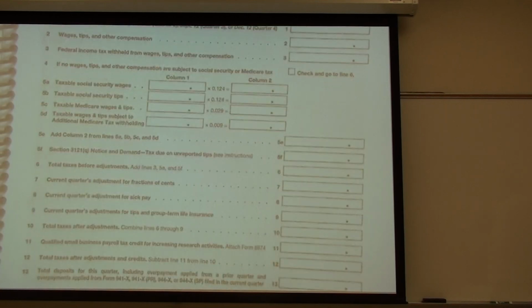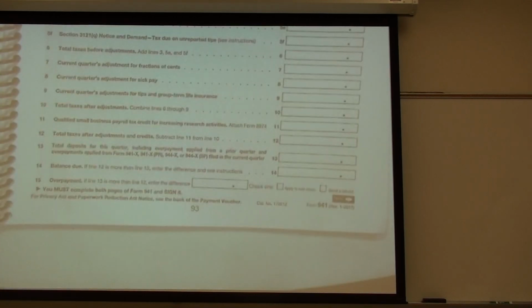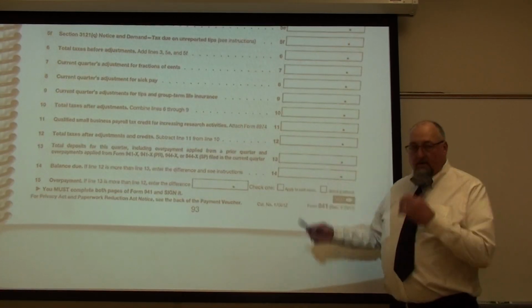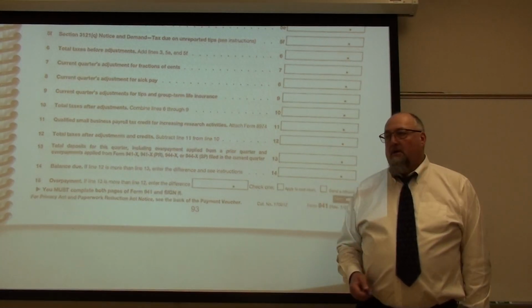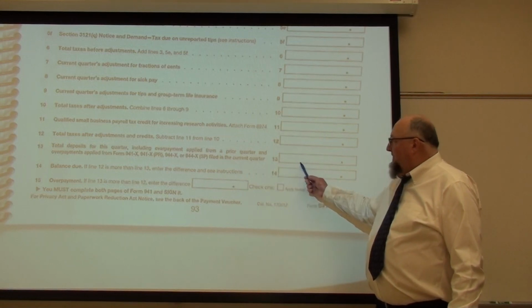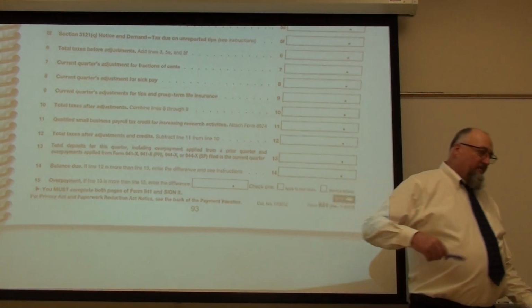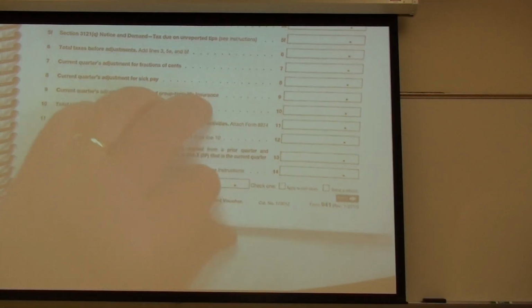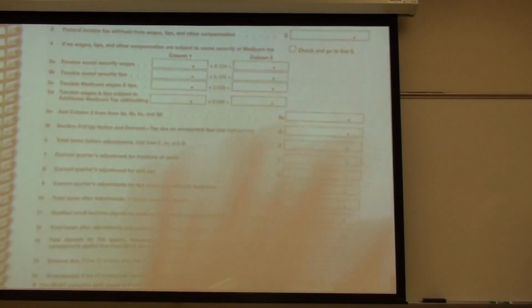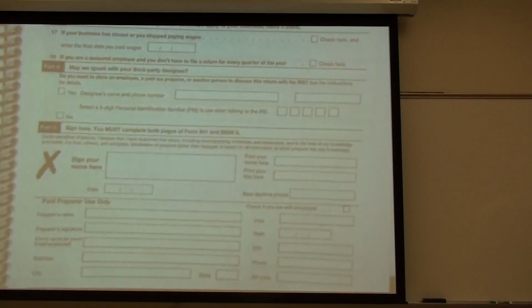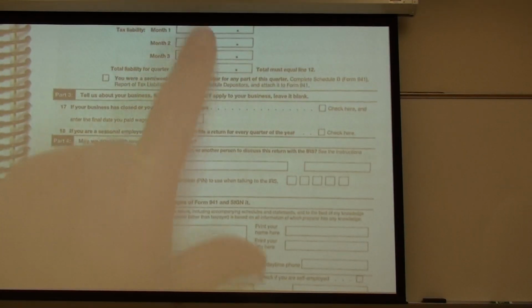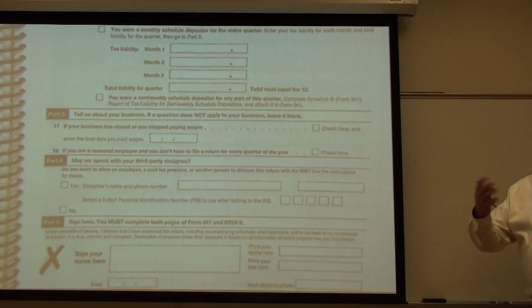Then down at the bottom it asks how many deposits you made; I want to say you have to make those deposits within 10 days of your payroll. And then how much more you owe, or if you've overpaid, how much you overpaid. So this reconciles every quarter with the federal government how much you paid out. Then on the next page you have to do another month-by-month reconciliation, and they cross-check all these numbers.